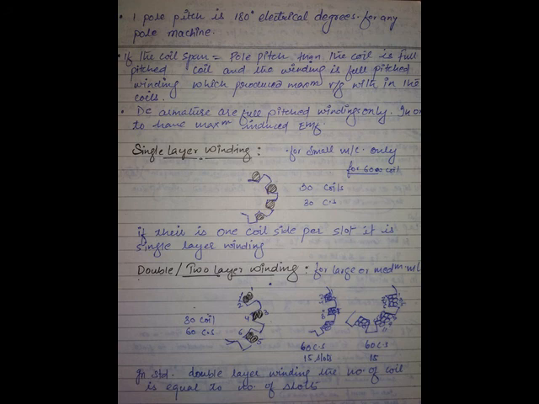Front end: the end where the commutator is connected. Back end: the other end from the commutator.